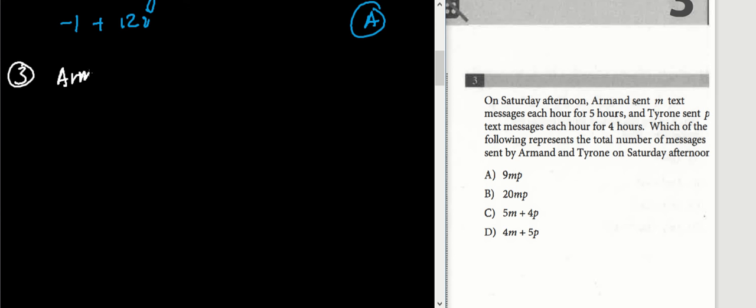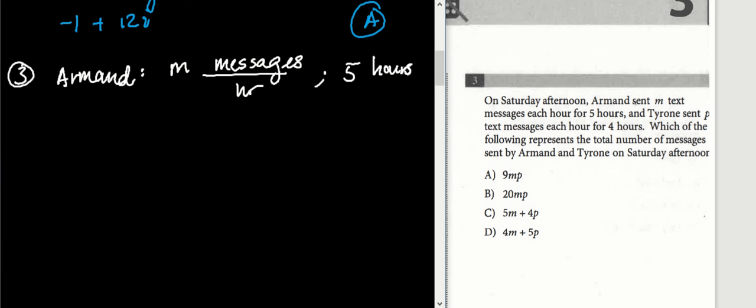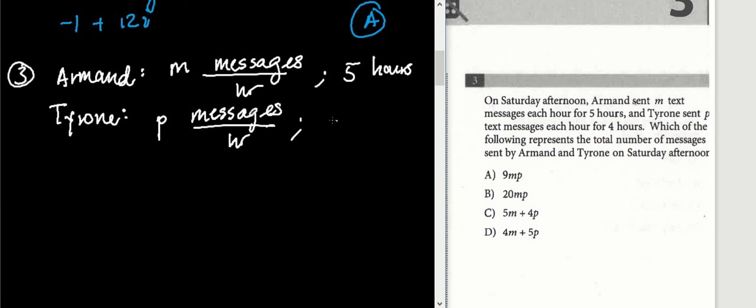We're told Armand sent M messages each hour, and he did this for 5 hours. And then Tyrone sent P messages each hour for 4 hours.